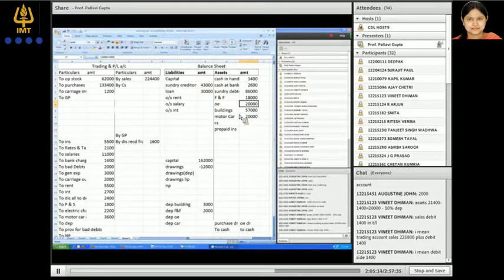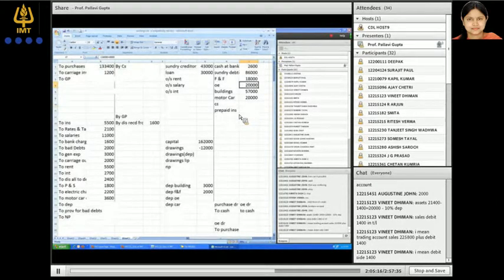Right. Now on office equipment I will charge depreciation of 15%. 20,000 into 15%, 3,000 on this, and here I will reduce another 3,000 on account of depreciation.